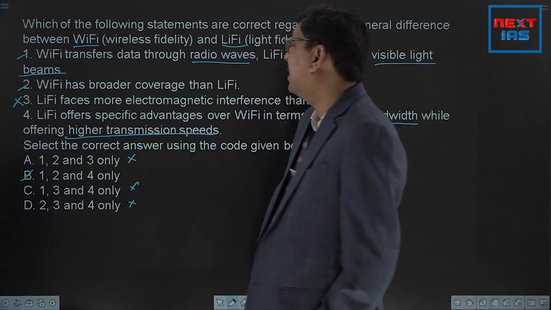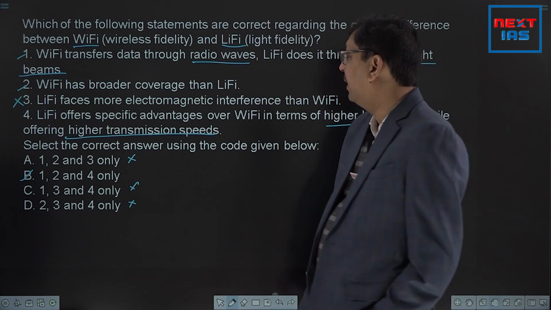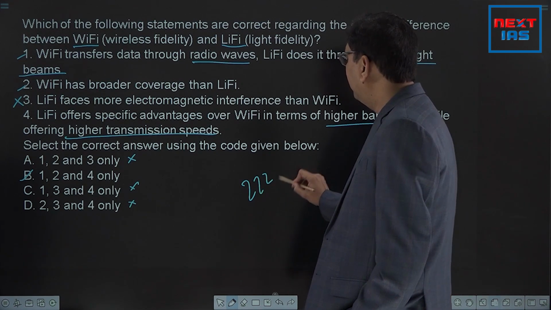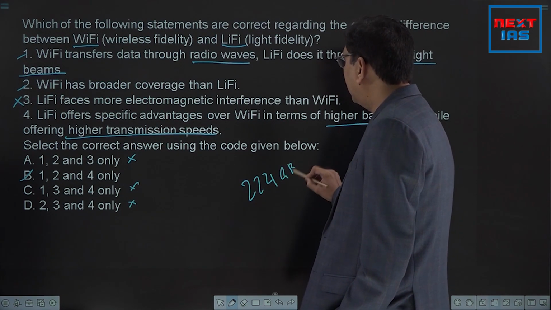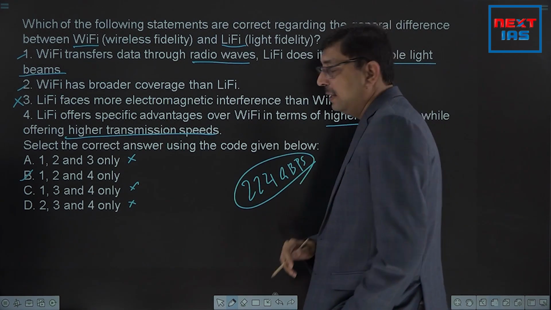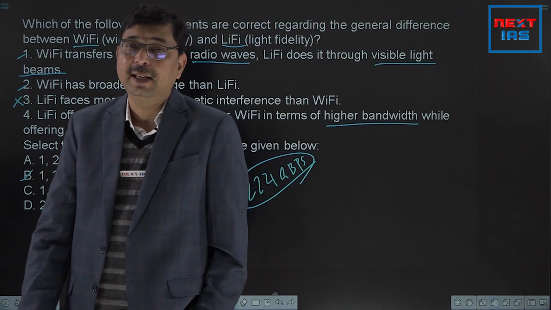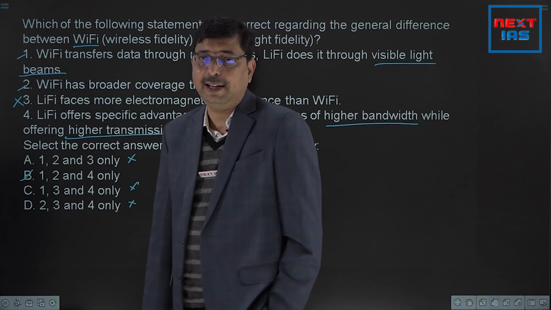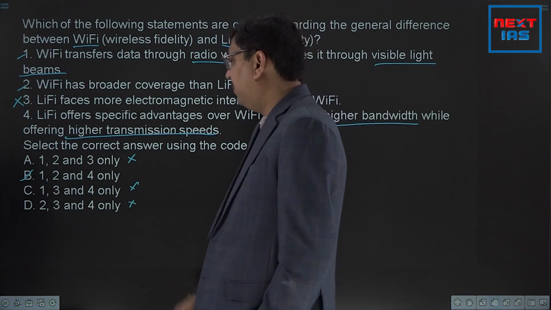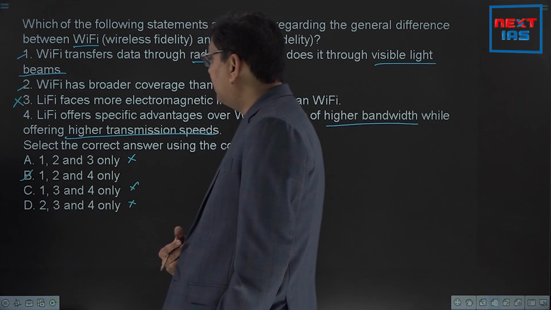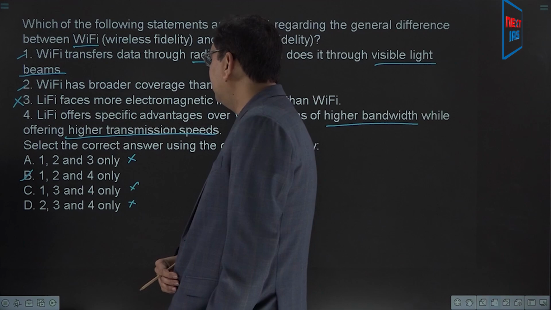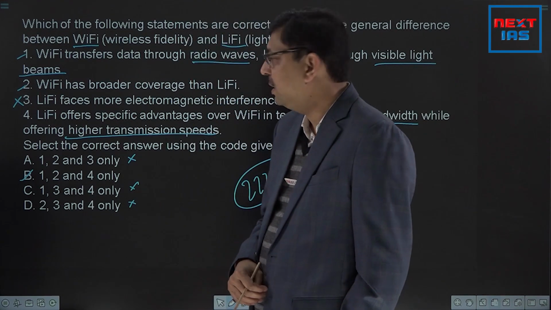Yes, the transmission speed in the case of LiFi can reach up to 224 Gbps. So that is obviously amazing. Gigabits per second is the speed which Wi-Fi cannot match. So Wi-Fi is still struggling to be in Mbps, whereas LiFi will go into hundreds of Gbps.